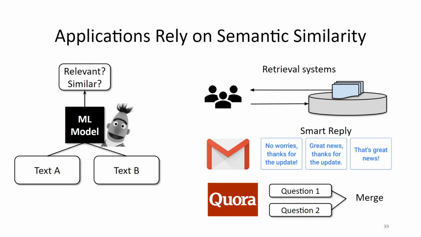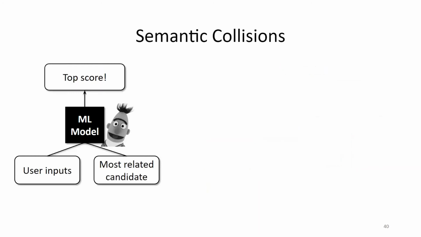Platforms like Quora can also use these models for merging semantically equivalent content. If these models are working as expected, then given a user input and its most related candidate in the database, the model should output a very high similarity score so that the candidate is ranked at the top.